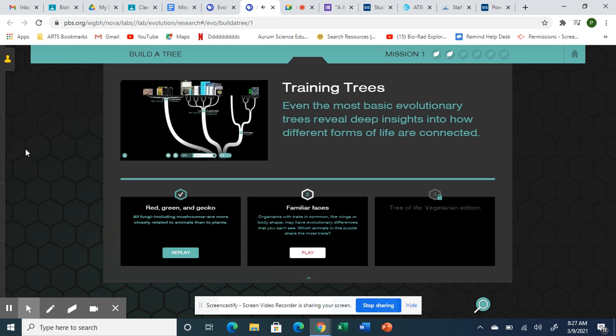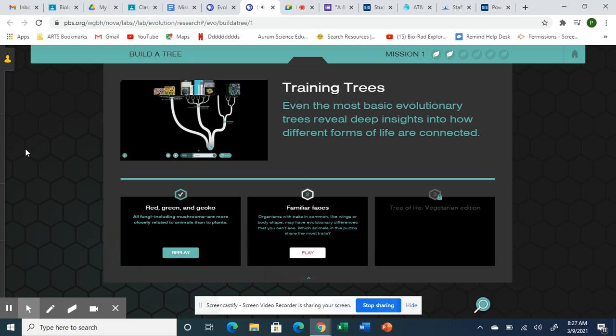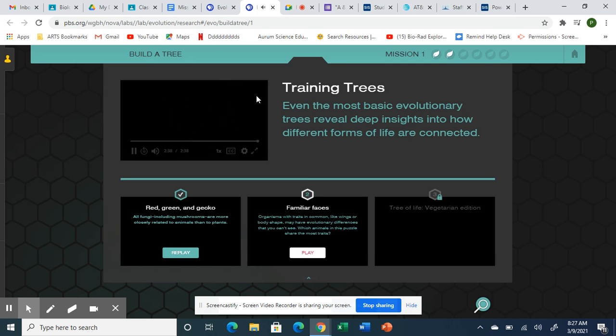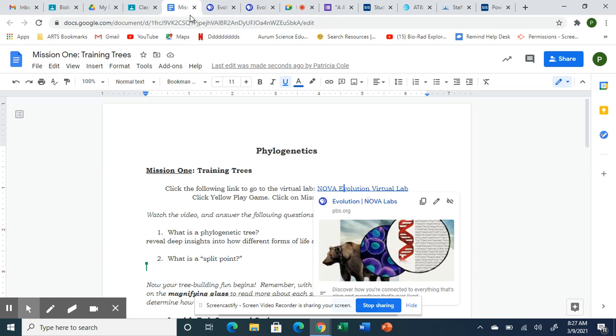And the split point is where speciation happens.